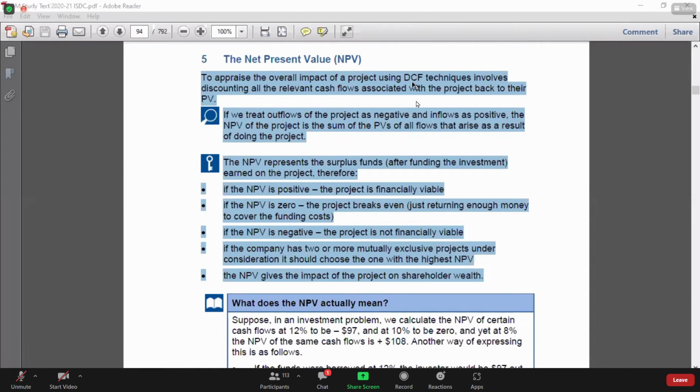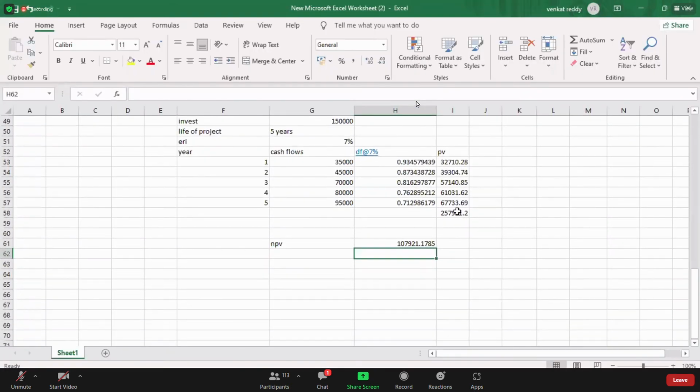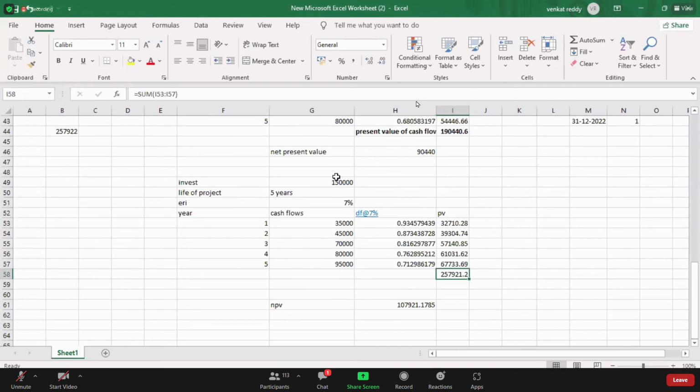Second point and the third point, you want me to explain. Let me explain that. Now the second point says that if the present value of the cash inflows, let me show this, 2,57,921, is considered as the present value of cash inflows, and this is equal to our initial investment of 1,50,000, then we say it is the break-even point.